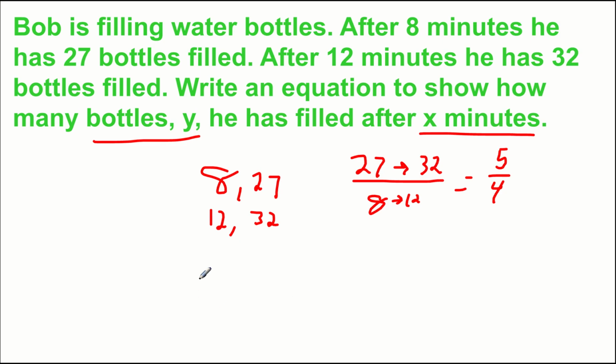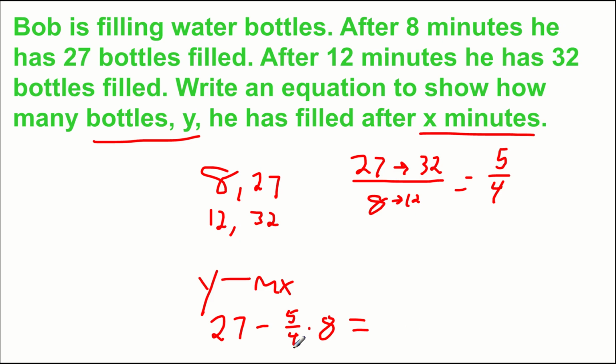So when we do this, we still do our y minus mx. We've got, let's say, 27 minus our 5/4 times 8. When we multiply with a fraction, we divide by the bottom number, we multiply by the top number.